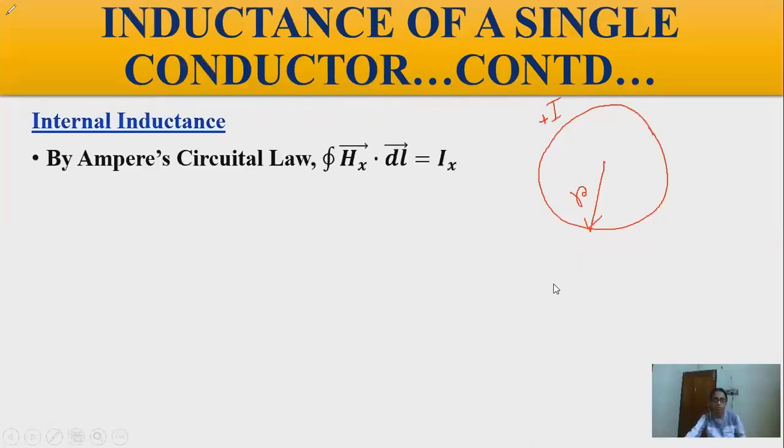Before going to the consideration of internal inductance, we have to draw the Amperian path inside the conductor, considering the same center of the conductor, having the radius x here.